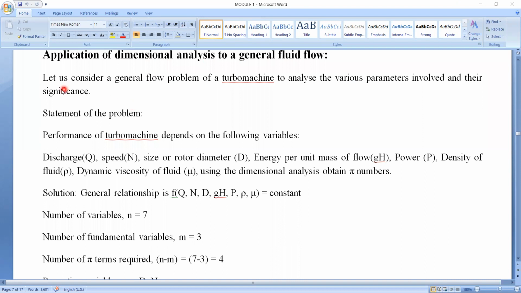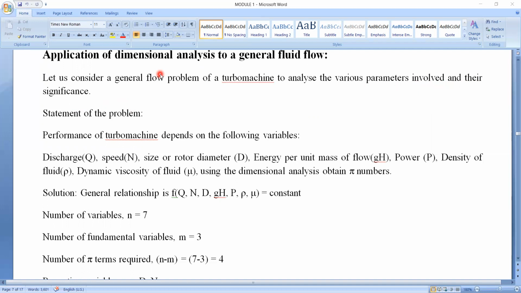Let us consider a general flow problem of a turbo machine to analyze the various parameters involved and their significance. If we consider any turbo machine, we have a number of variables and parameters. In order to get the relationship between those parameters, the concept of dimensional analysis plays a very important role.